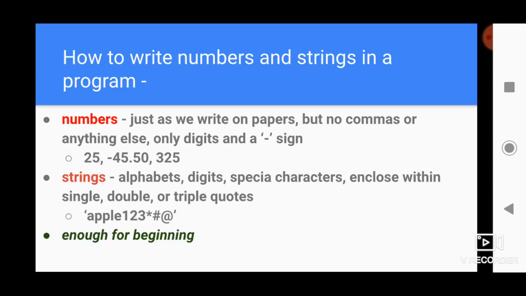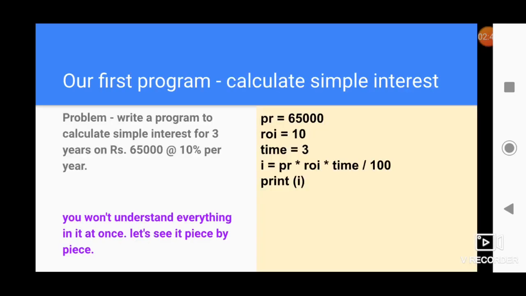An example is shown here, in which there are alphabets of the word apple, the digits 1, 2, 3, and special characters star, hash, and at the rate, which comprise a string, and all these characters are enclosed inside single quotes as required syntactically.